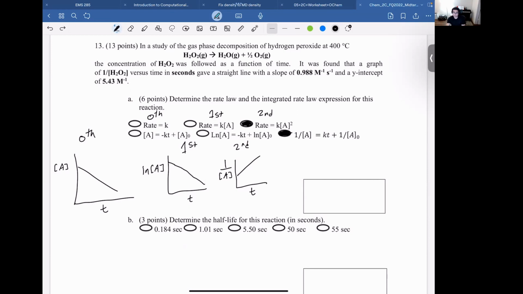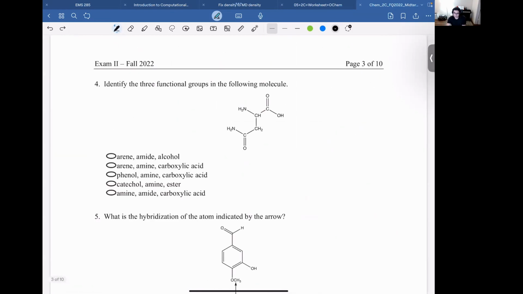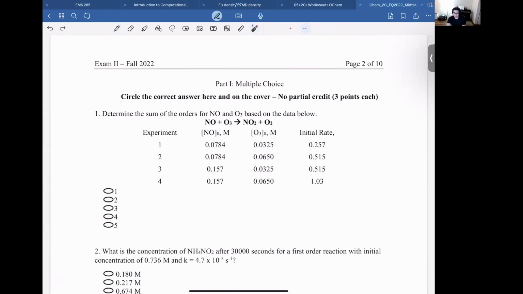Like I said a second ago, with the table, if they give you data with different things, let's say we didn't have this column, and it was just dependent on the concentration of one thing, then you could see what happens to the rate when you double the concentration. So if the rate quadruples, you know it's second order.